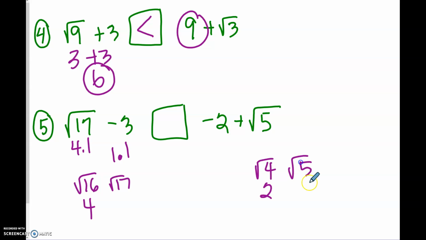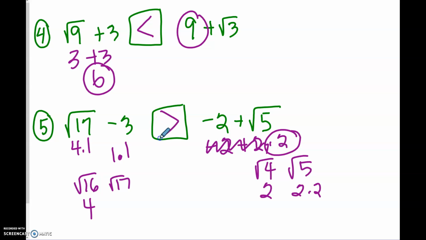So the square root of 5 is going to be about 2.2. So let's see here. So we've got negative 2 plus 2.2. Well, basically these 2's are going to cancel out and you're left with just the decimal 0.2. Well, 1.1 is bigger than 0.2, so we are going to put greater than in there.